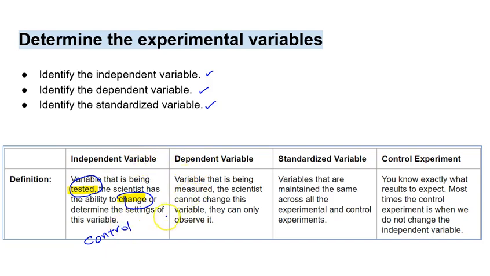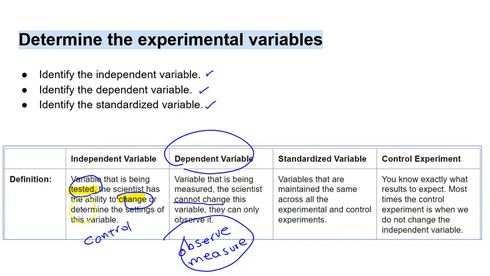The dependent variable is the variable that is going to be measured or observed, and the scientist or researcher cannot change this variable. They can only observe or measure it.